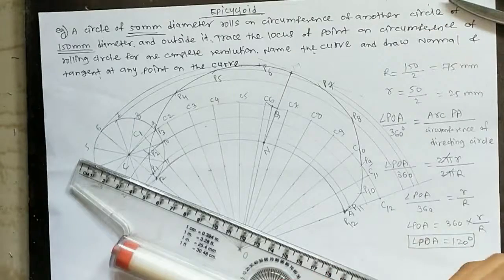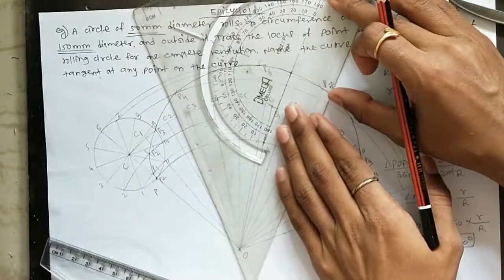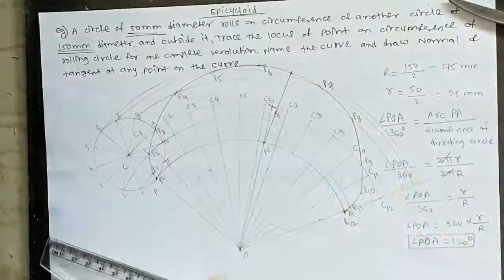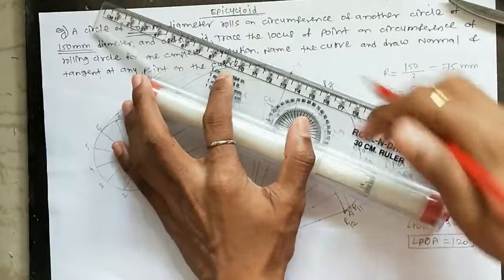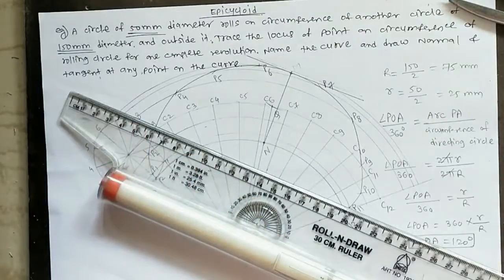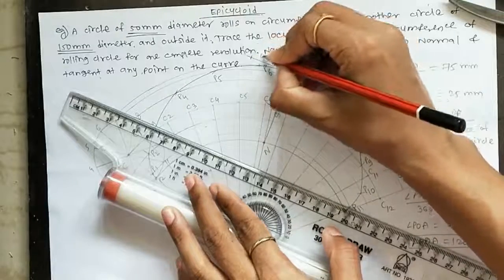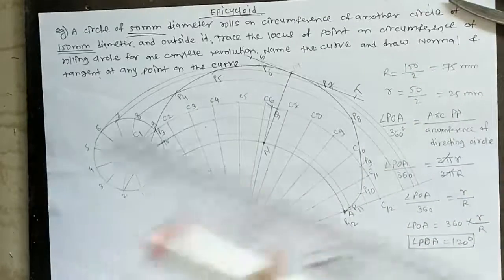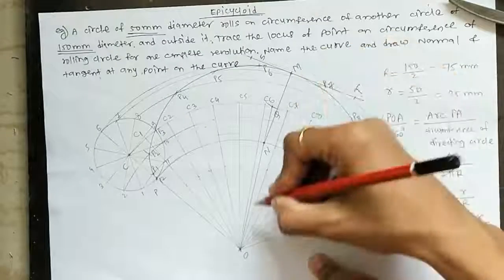Now draw perpendicular at point M, which is the required tangent to the EP cycloid, and give name to this tangent as S and T. So ST is the tangent, MN is the normal.